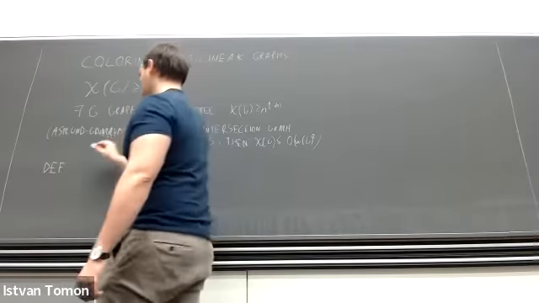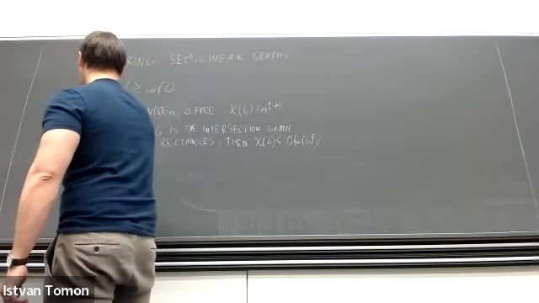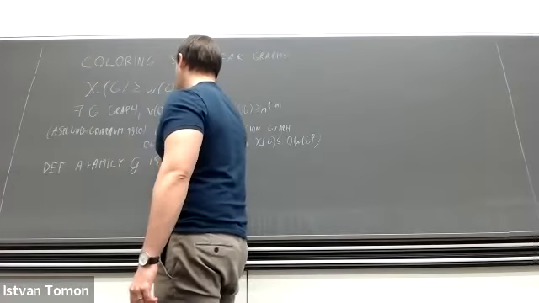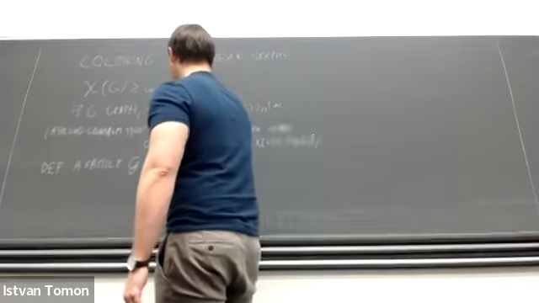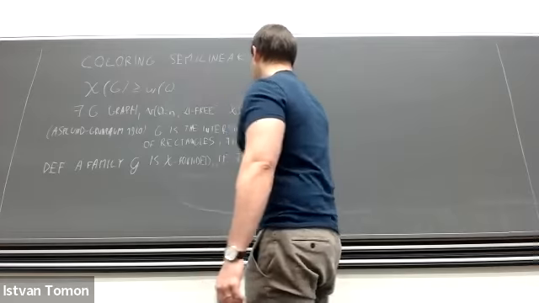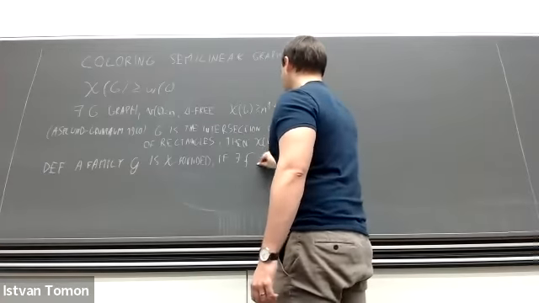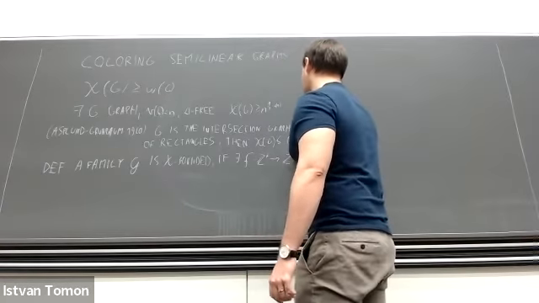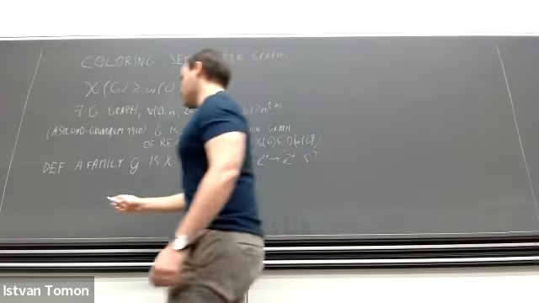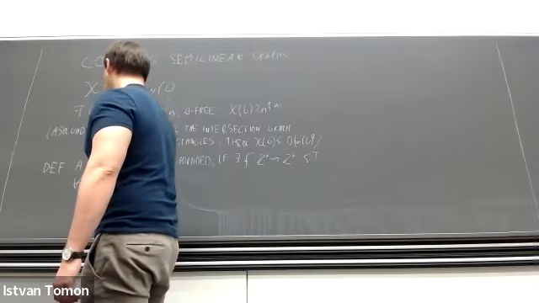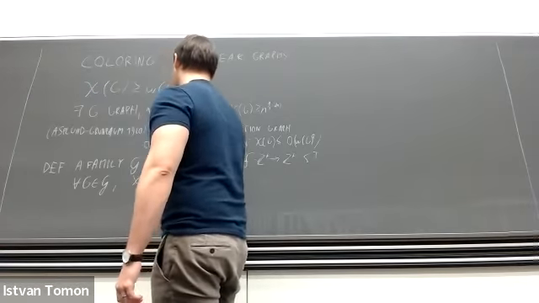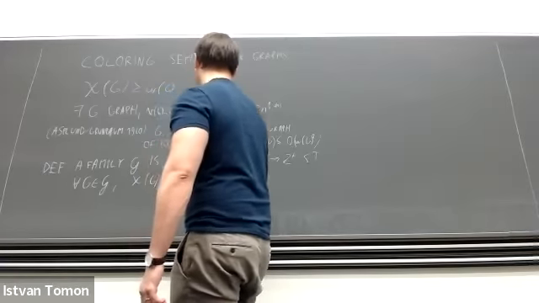We say that a family of graphs is chi-bounded if there exists some function from the naturals to the naturals, the positive integers, such that for every member G of this family, the chromatic number of G is bounded by this function of the clique number.